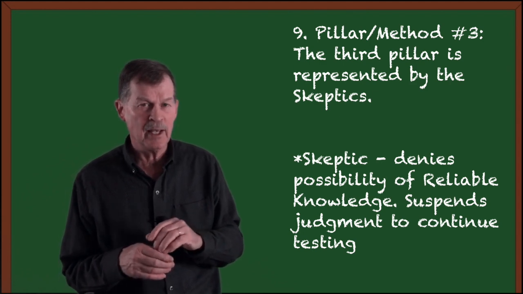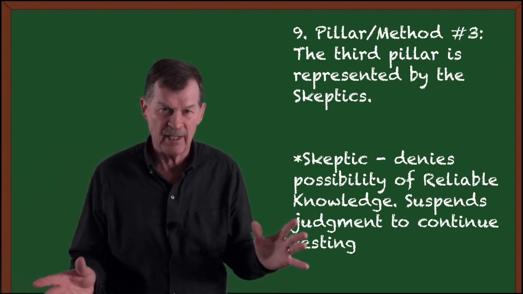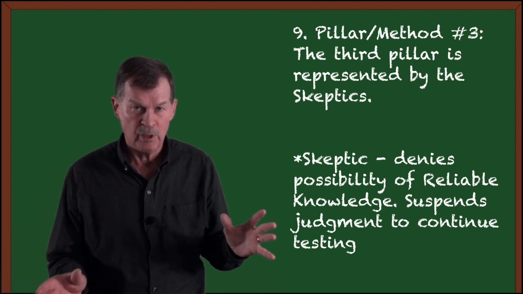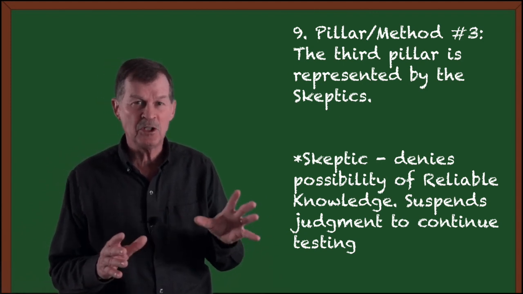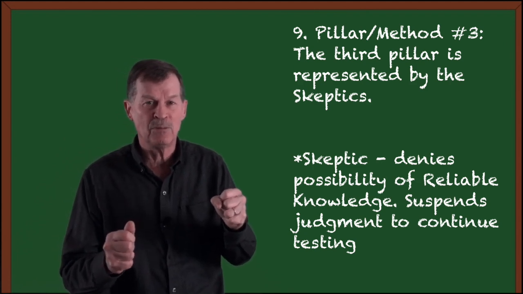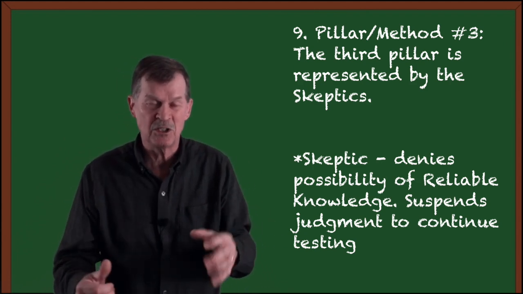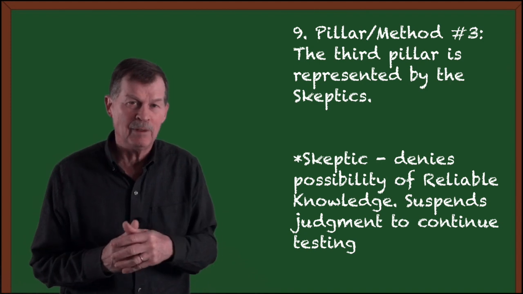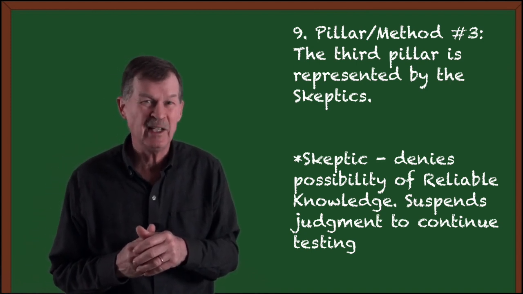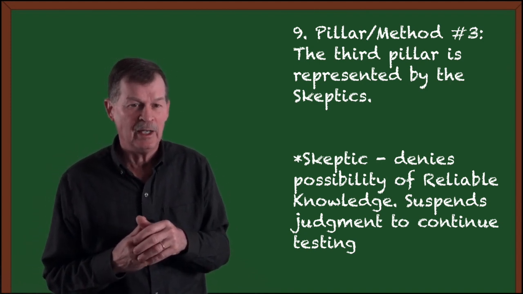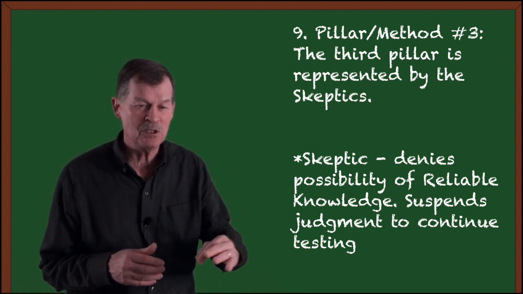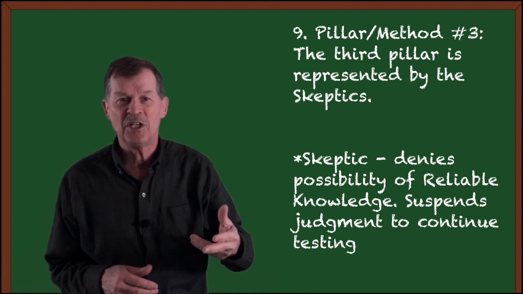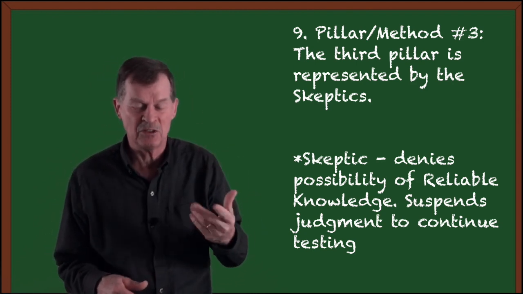But they said, okay, we suspend judgment. We just don't know. Being skeptical is not saying this is the way it is; it's saying it has a high probability, but we still haven't tested enough. So skepticism resubmits it to testing again, and continuous testing.